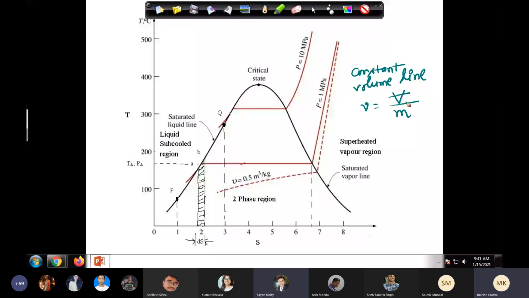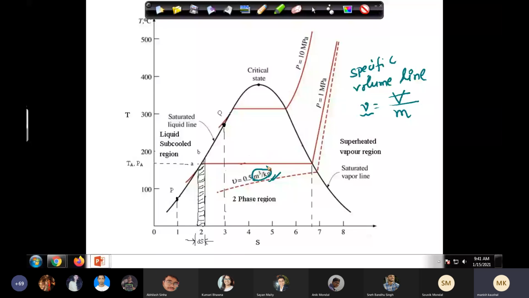You are right, constant volume line will be wrong. Specific volume, because we are talking in terms of meter cube per kg. That's what it should be. I will check, but I'm sure that's what it should be.